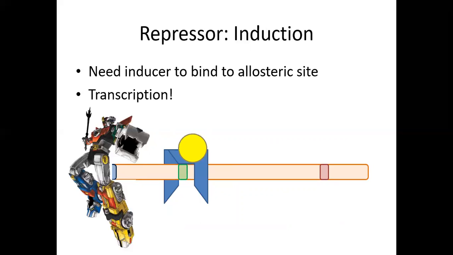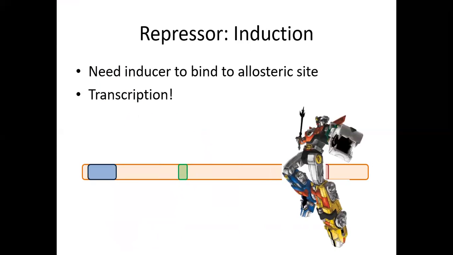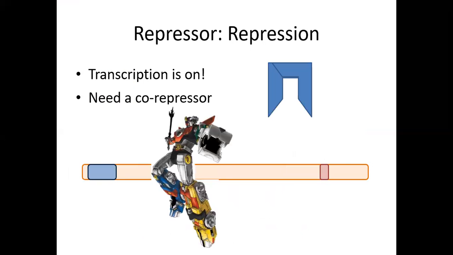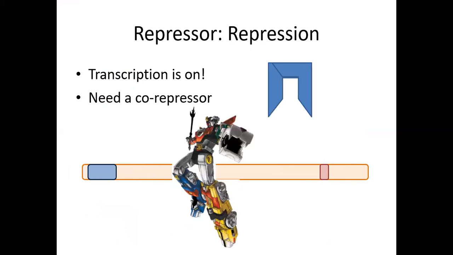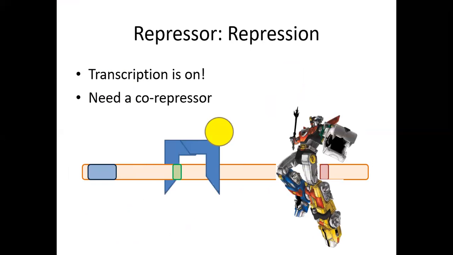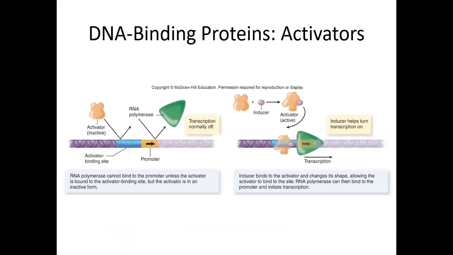Yes, you need an inducer molecule to bind to the allosteric site. And the allosteric site, I believe, is just not the site where its main activity is, so not the part that interacts with the DNA. And then you get transcription when the inducer binds. So transcription is on, and you need a co-repressor. So sometimes you need a co-repressor in order to allow it to bind to the operator.